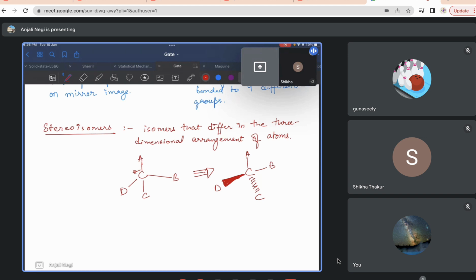Okay, so that's the 3D representation of this particular chiral molecule, which we can demonstrate in 3D space.